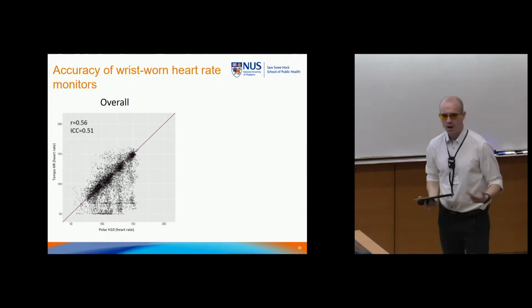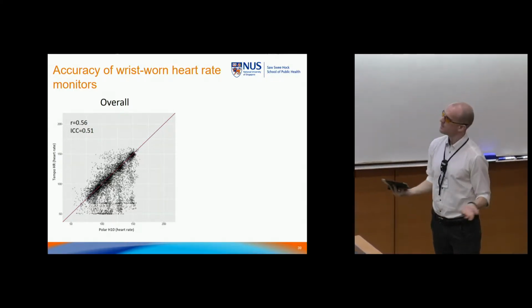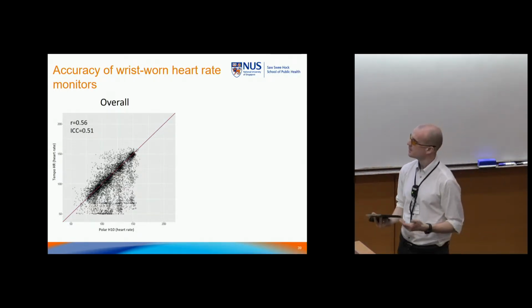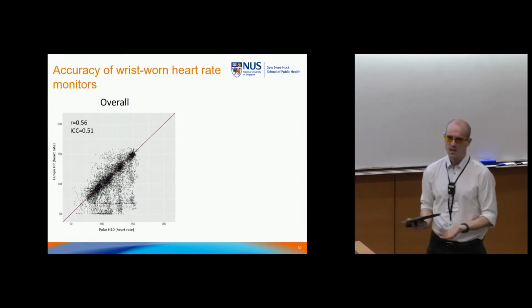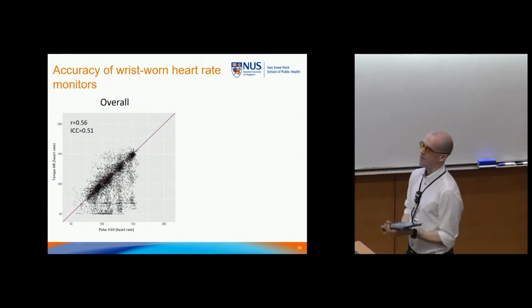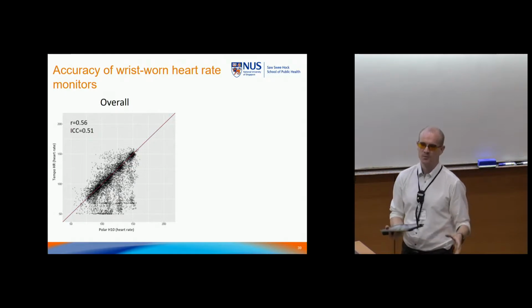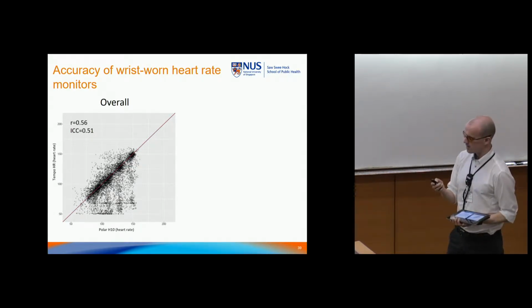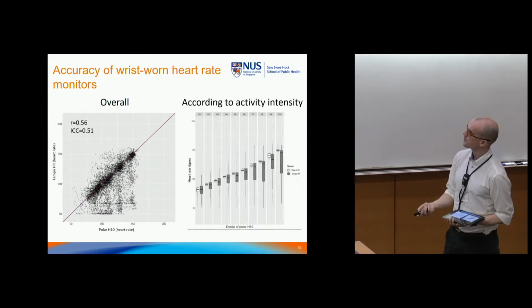Sometimes it seems to be related to specific devices, sometimes to specific individuals. But we can't really say why some devices or some individuals perform so much better than others. We could not find a clear pattern at this point in time.